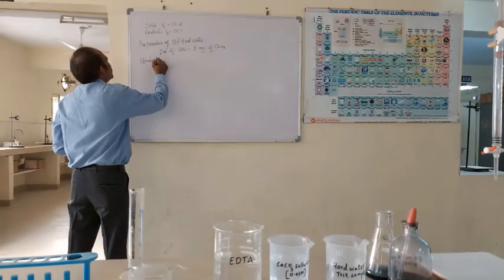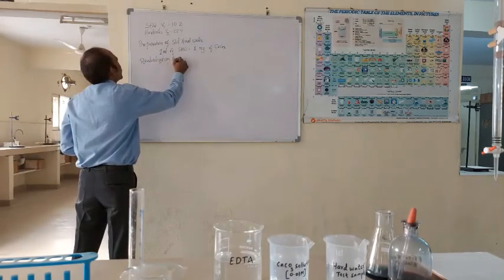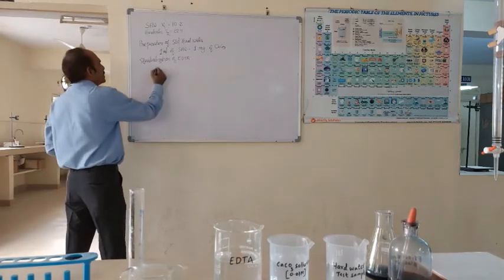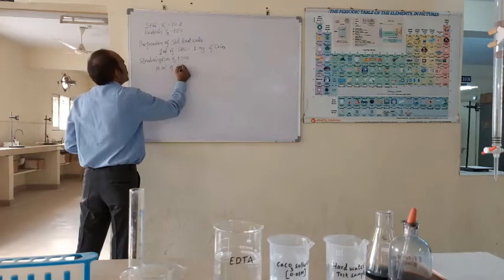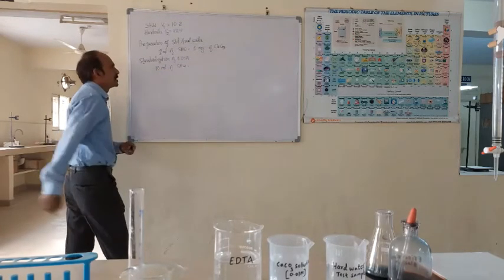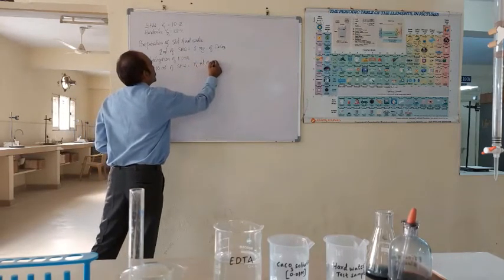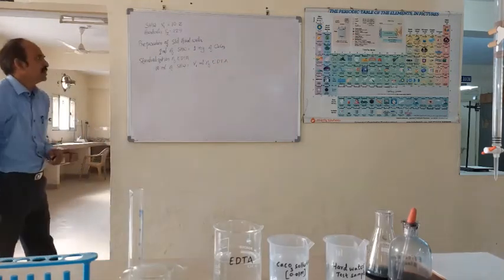So what is that in this one? We have taken 10 ml of standard hard water and it is titrated against V1 ml of EDTA. So 10 ml of standard hard water consumes V1 ml of EDTA.